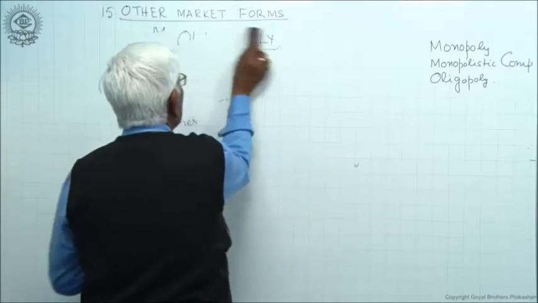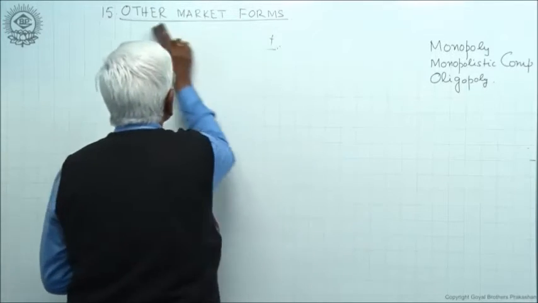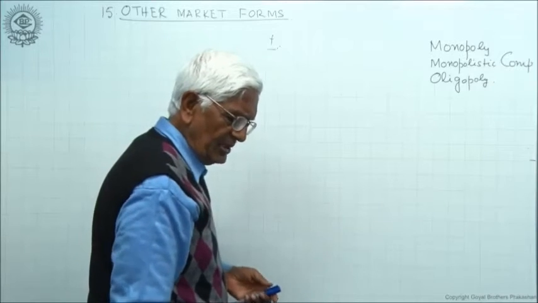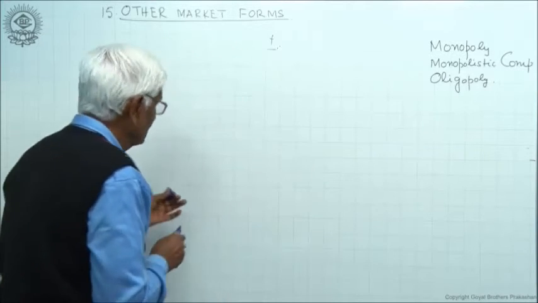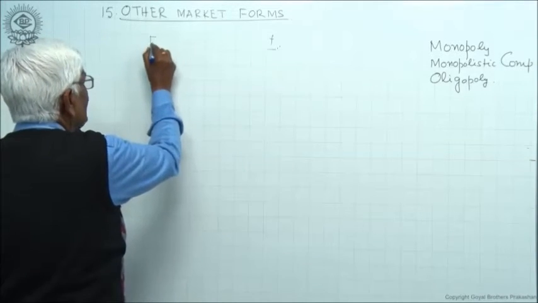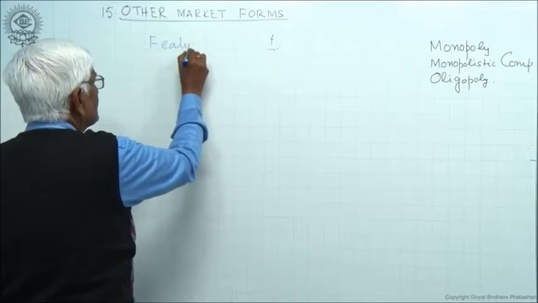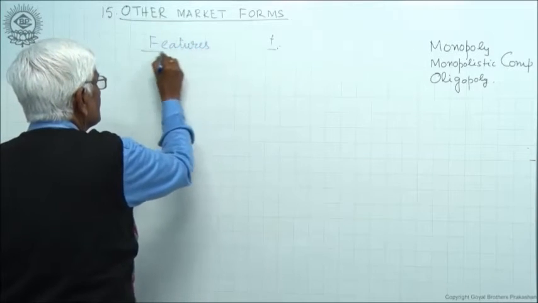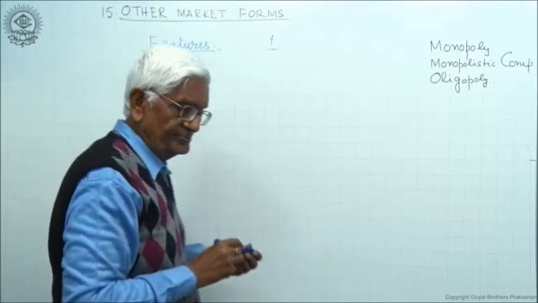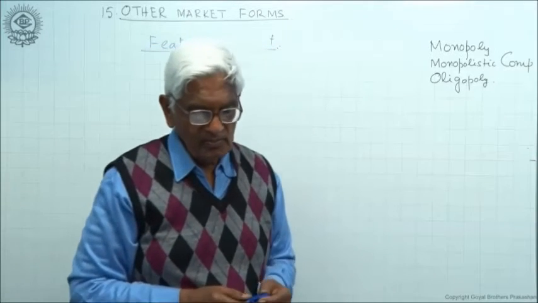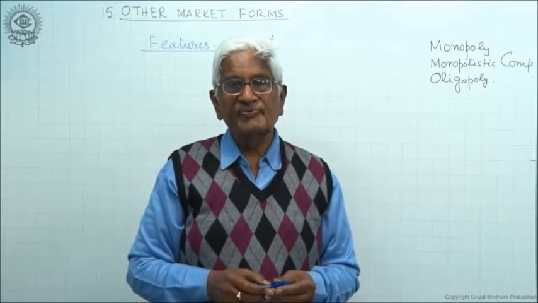Having seen the meaning, we now come to the features of oligopoly. We will take up 4 features.